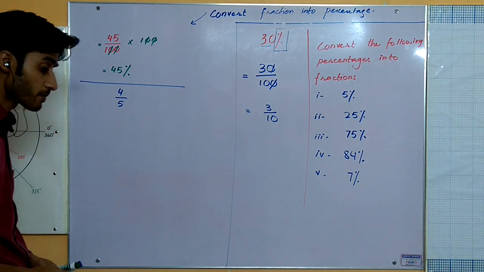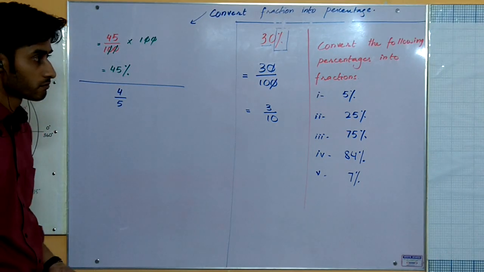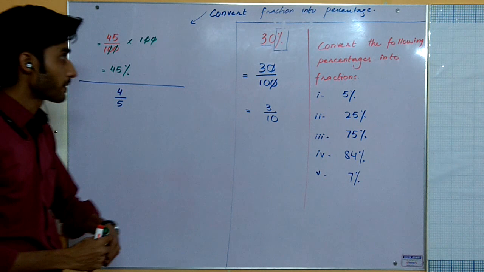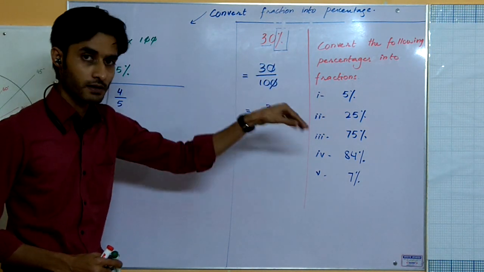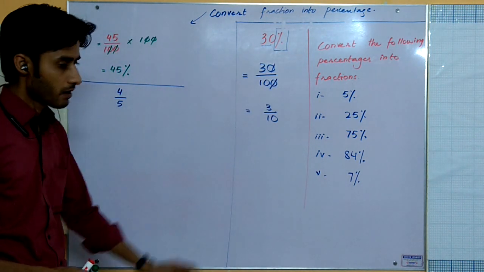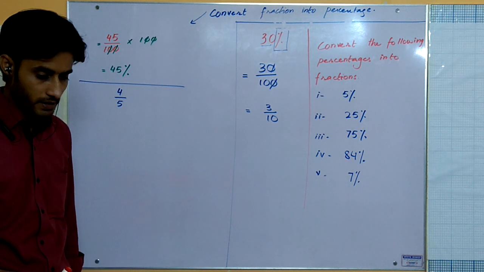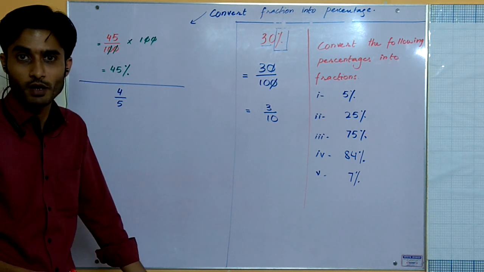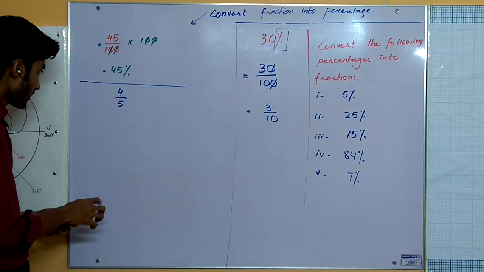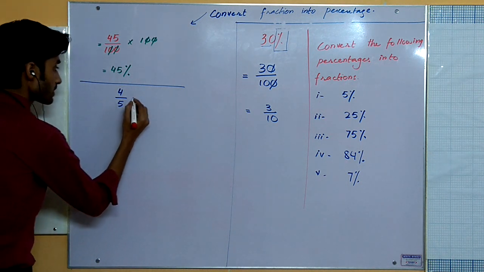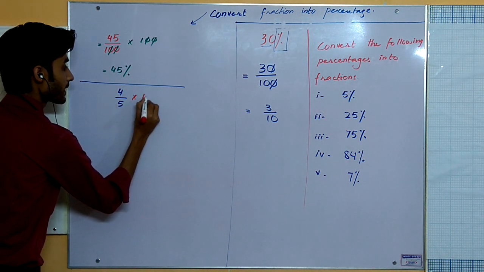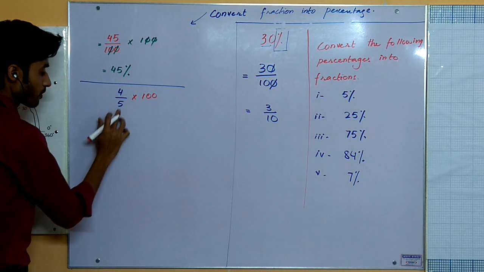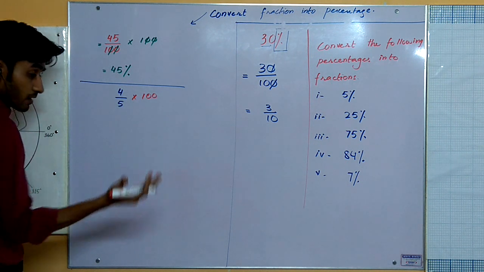When I convert a fraction into a percentage, do I divide or do I multiply? If the percent symbol is there, that means per upon 100. Okay? But when the percent symbol is not there, it means not upon 100. So when I convert a fraction into a percentage, I'll multiply it by 100. 4 upon 5 multiplied by 100.